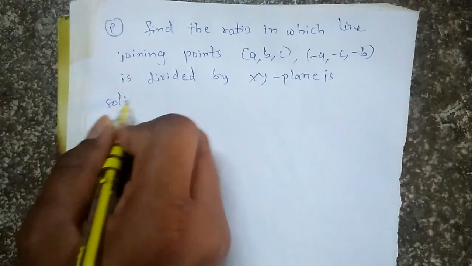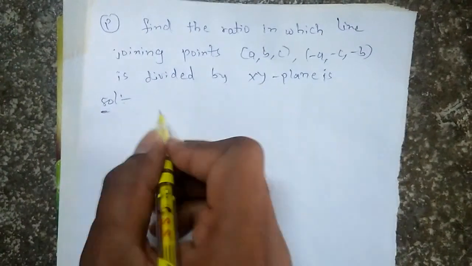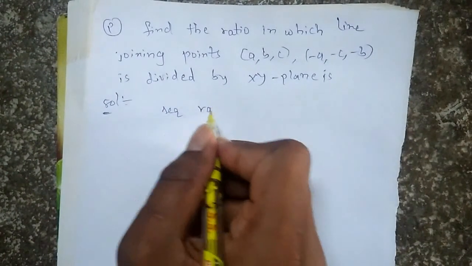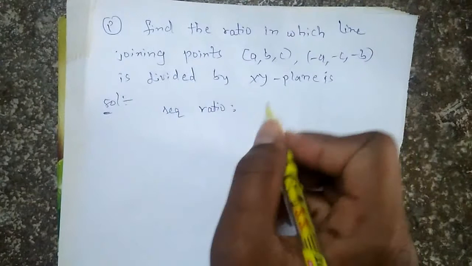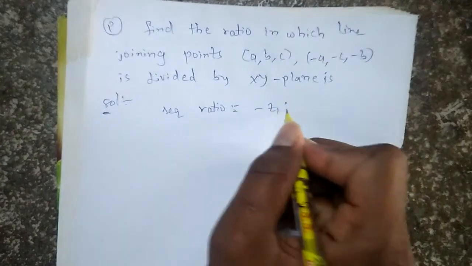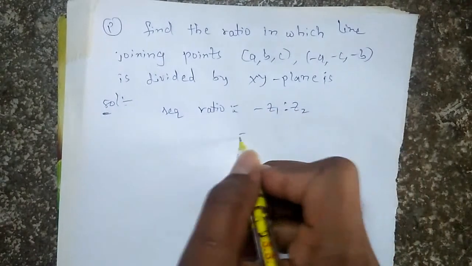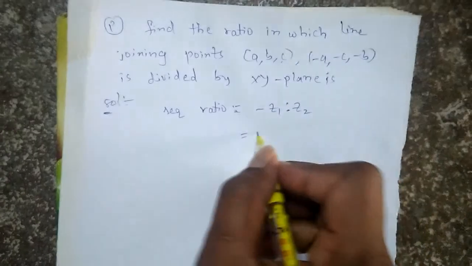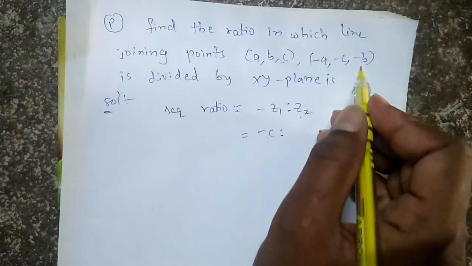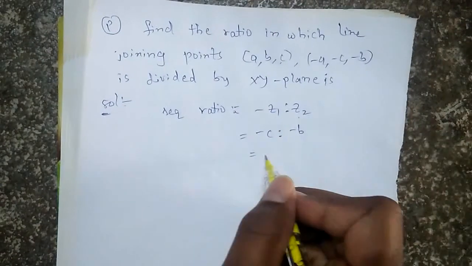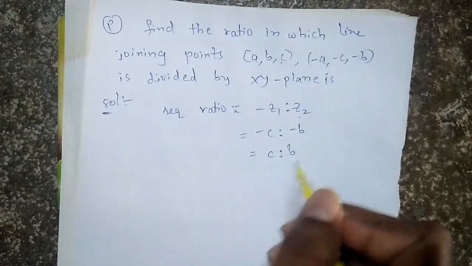So here xy plane is asked, so the required ratio is minus z1 is to z2, direct formula. So here z1 means this point, minus c is to here z2 means this point, that is minus minus gets cancelled, that is c is to b.